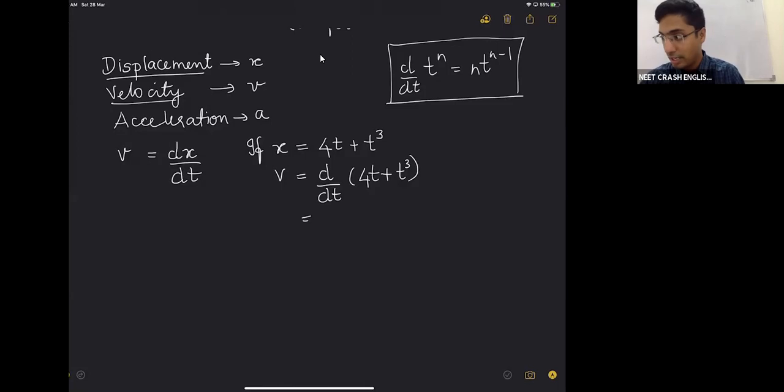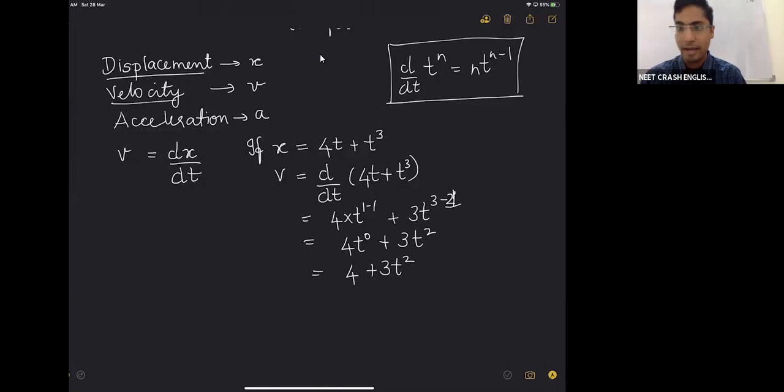So the velocity is, there are two parts to this. 4 into 1t raised to 1 minus 1 plus 3t raised to 3 minus 1. So the velocity is 4t raised to 0 plus 3t square. T raised to 0 is 1. So this is 4 plus 3t square. Okay.